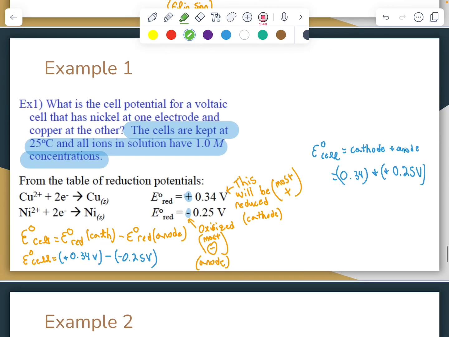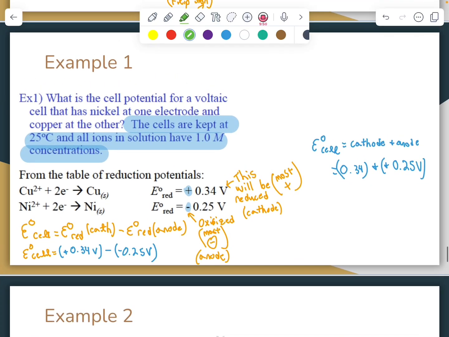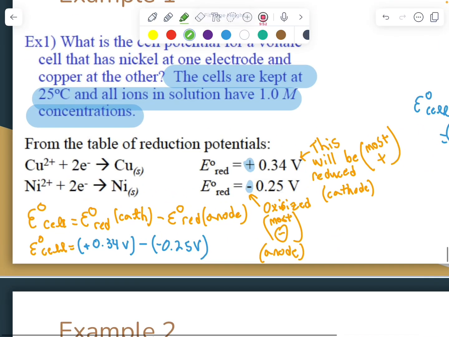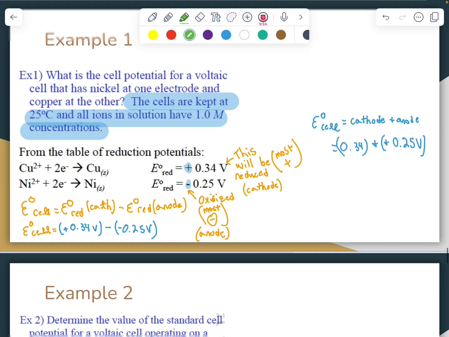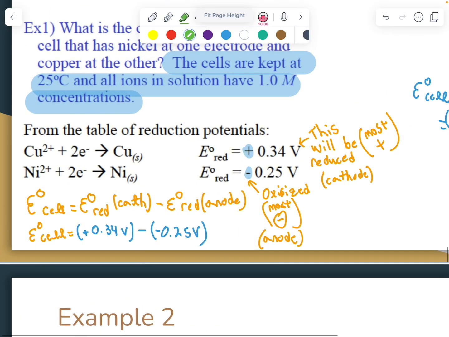So yeah, this will be the most positive, so this copper half reaction will be reduced, and this nickel is the most negative, so it's going to be oxidized because they flow to the lowest potential energy state.